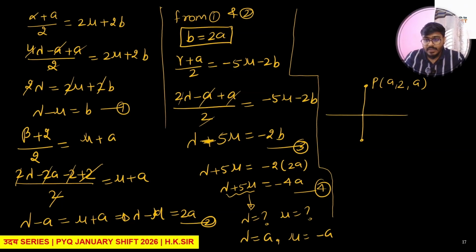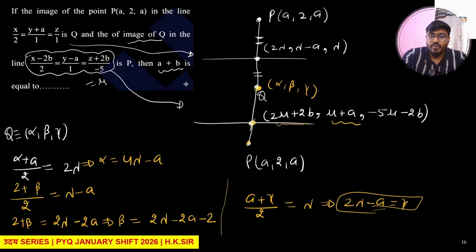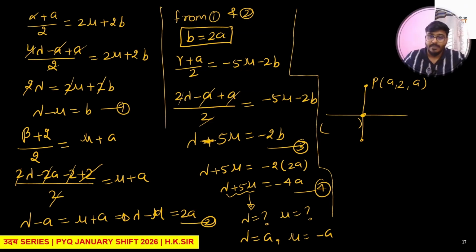This is the line and this is a point on the line, and the coordinate of this point is 2 lambda, lambda minus a, and lambda. Direction vector of this first line is 2 1 1.